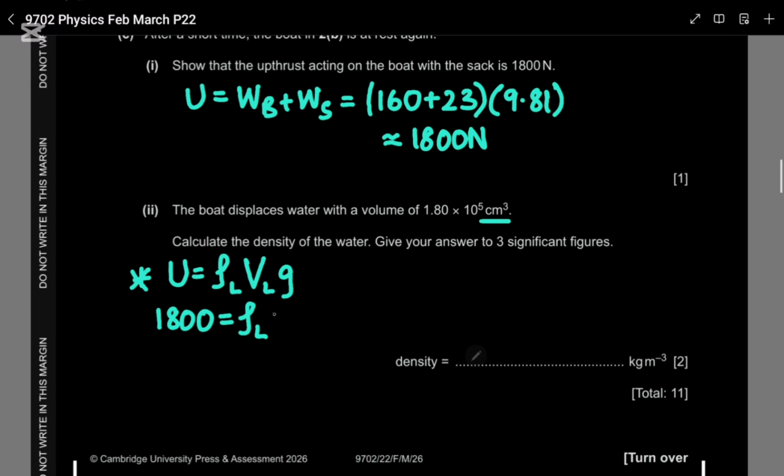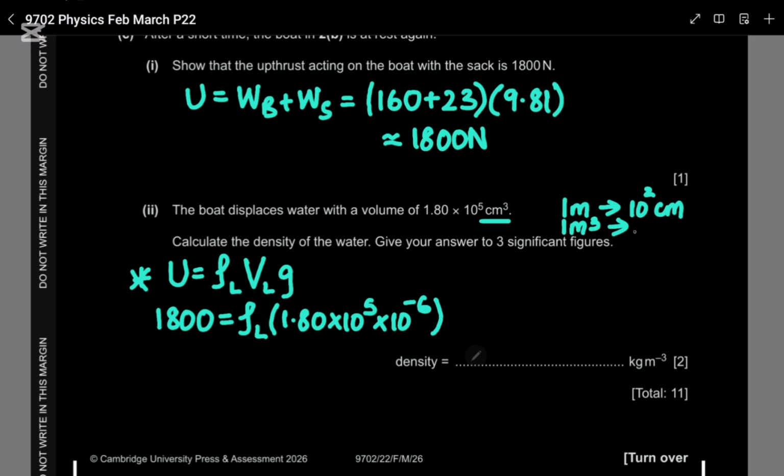Anyways, the volume of liquid is going to be 1.80 times 10 to the power of 5 times 10 to the power of minus 6. Why 10 to the power of minus 6? It's because 1 meter is 10 to the power of 2 centimeter. 1 meter cube is going to be 10 to the power of 2 whole cube centimeter cube, which is further 10 to the power of 6.